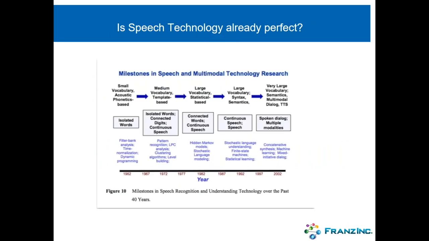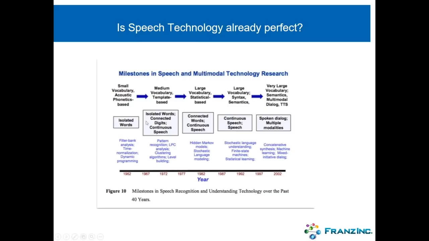So now, is speech technology already perfect? Well, here's a very nice picture that I found about the history of speech recognition. In 1962, you could do the first isolated words, and in 72, there's this beautiful IBM demo where someone controlled a calculator by saying 1, 2, making sure that there's a really big gap between the words, and then add, subtract.